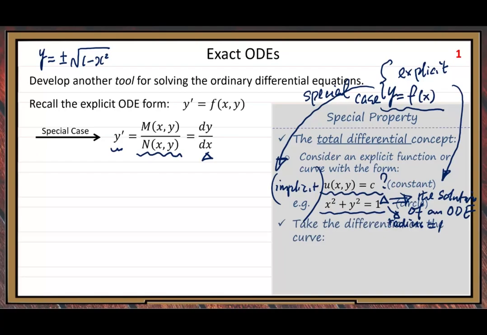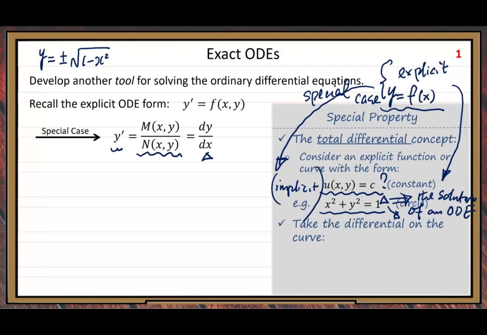Because in this form, we can take a differential on the curve, both sides, right? Because it is an equality. So we can take the differential, that little d, of both sides of the equation.